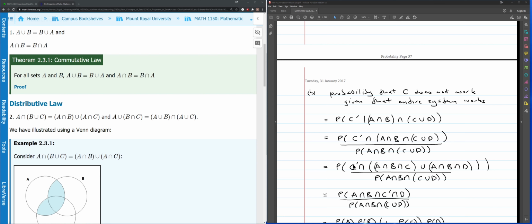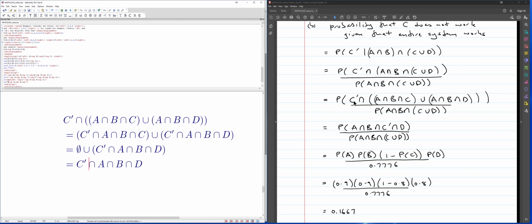Now again I need to use my distributive law, because I have C complement intersected with a union. Let's take a more careful look at this.